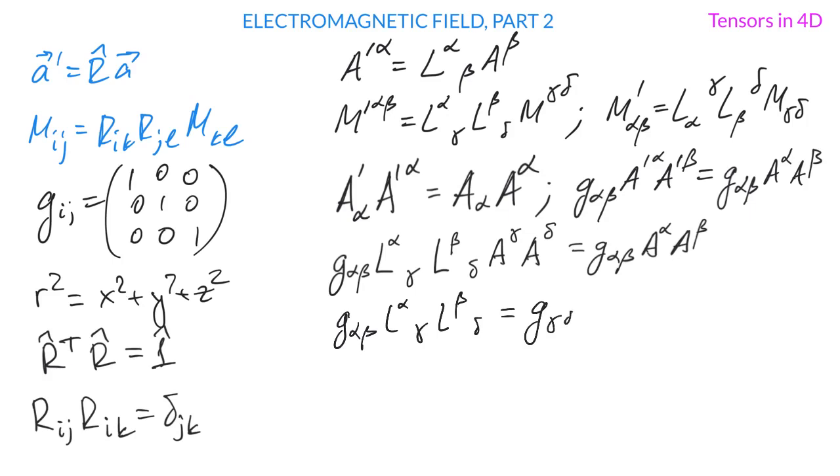Now let's raise the gamma index. I'll multiply by G^gamma epsilon. The right-hand side becomes the Kronecker delta.